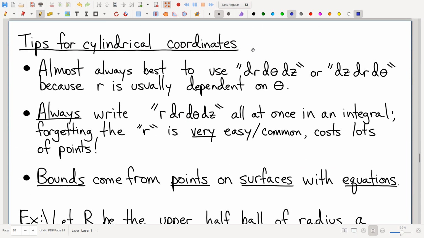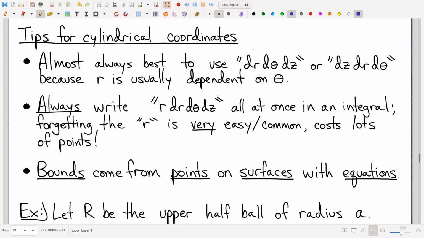Okay, so having made that observation, a couple of quick tips and tricks. Again, you don't have to consider all 6 possible orderings of your differentials. Practically always, and I suppose there might be some weird, highly manufactured examples to the contrary, but by and large, these are your 2 options. There's hardly any reason to entertain any other option. The way you remember what these options are is that the r and the theta are always together and in the usual order.